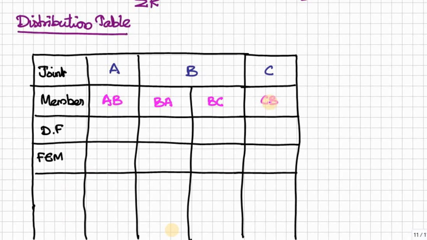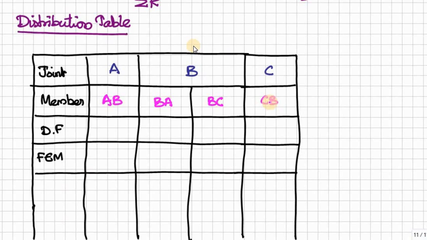So here in the distribution table we have joint, member, distribution factor and FEM. These are the input parameters. So at joint A we have only one member AB, at joint B we have 2 members meeting, that is BA as well as BC, and at joint C we have only CB.